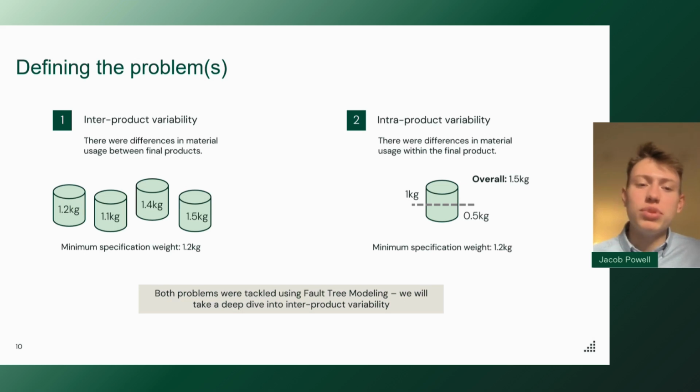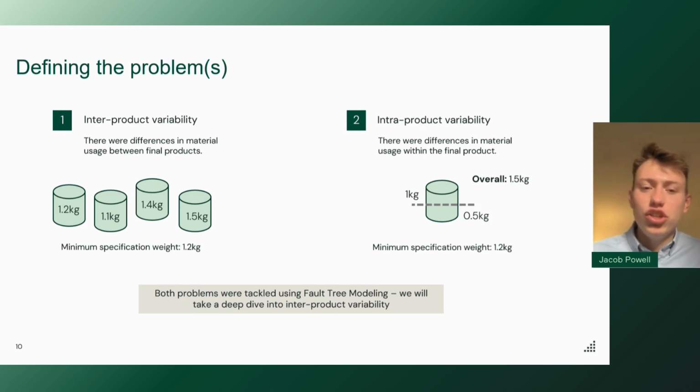The second one is perhaps one that people are less familiar with, and this relates to intra-product variability. And what this means is that there were differences in material usage within the final product. So if we just take one of those final products and say it was overall 1.5 kilograms.